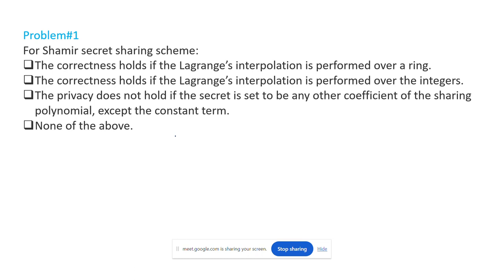The fourth is none of the above. I wait for your answer for 2 minutes and then you can unmute yourself and say. Ma'am, the first one seems to be correct. Okay. Let's see others' answers.